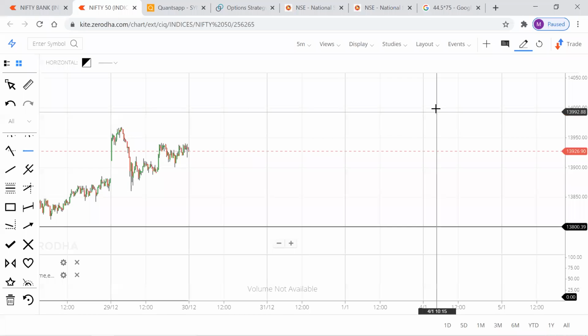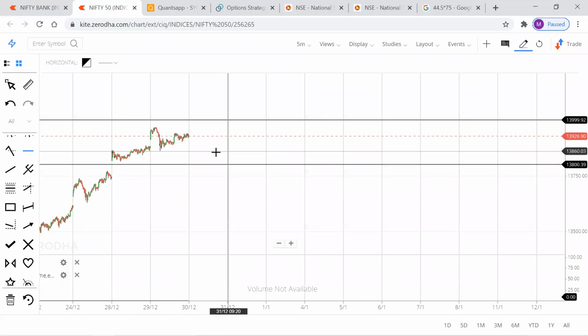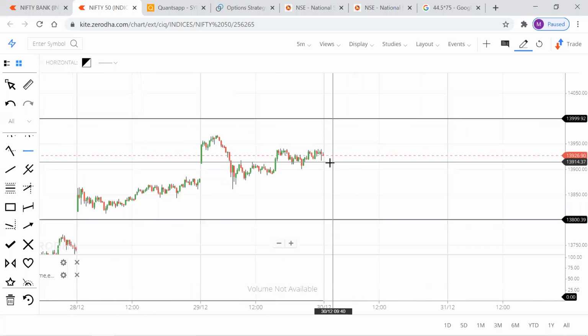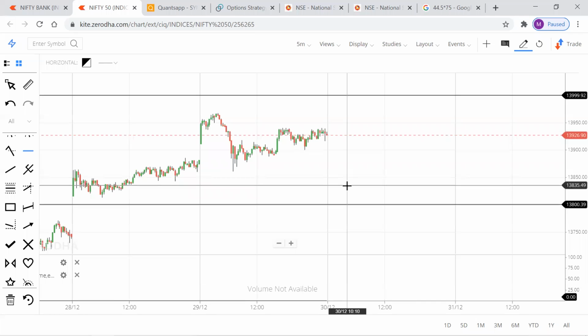So 14,000 can act as resistance. This is how we use OI to draw support or resistance levels. The strike price having the largest OI on the put side can be used as support, and the largest OI value of out of the money on the call side can be used as resistance.